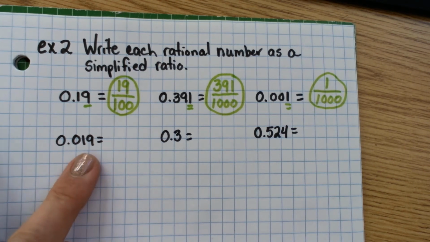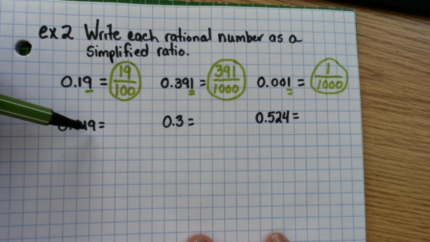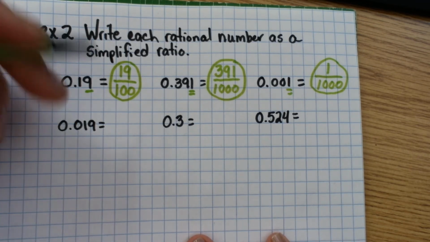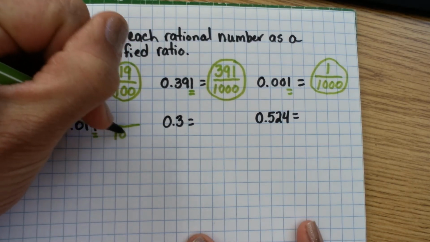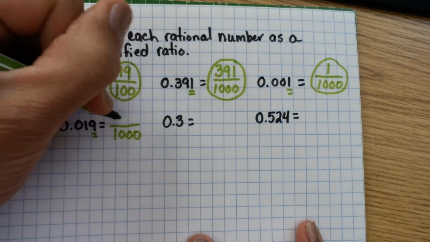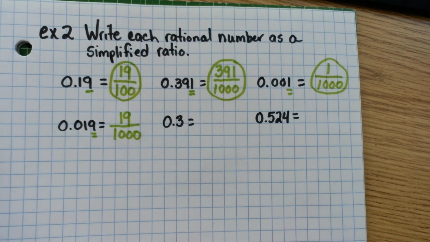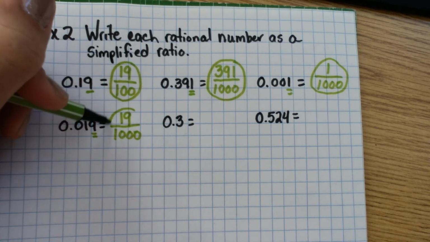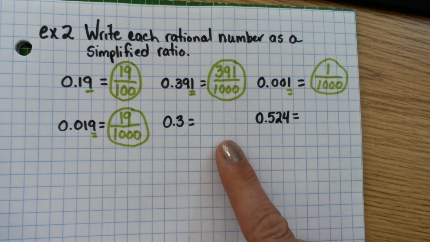Okay, moving down to the next row. We have 0.019 or 19 thousandths again. So my denominator is in the thousandths place. There are 19 of those thousandths, and this also cannot be simplified. I wonder if any of these will.